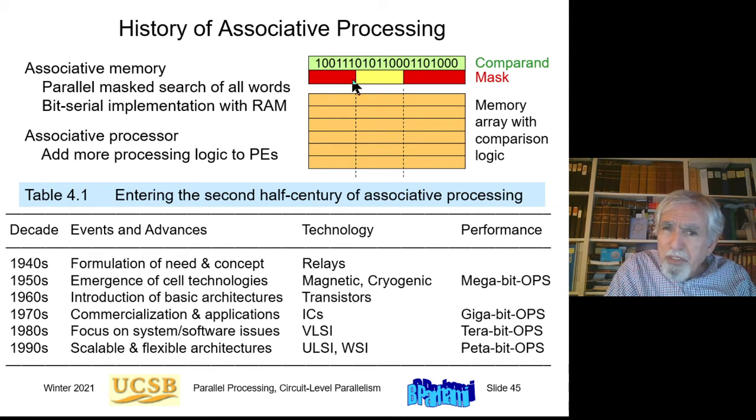So I may be searching, for example, if this is a student database, the perm number field, or the birth year field, or some other field. So I mask out the rest of the record, the red part, and say, okay, search for this pattern among all the words.